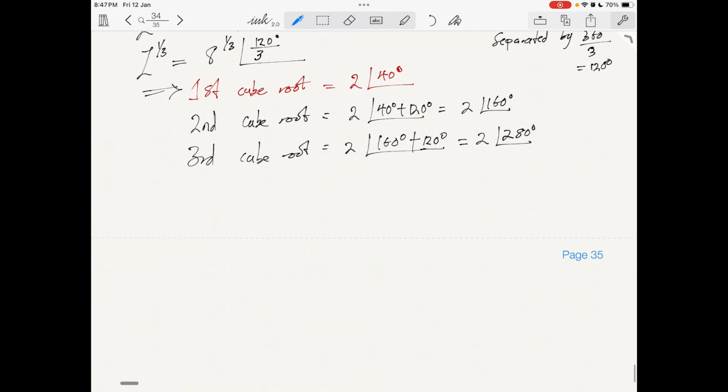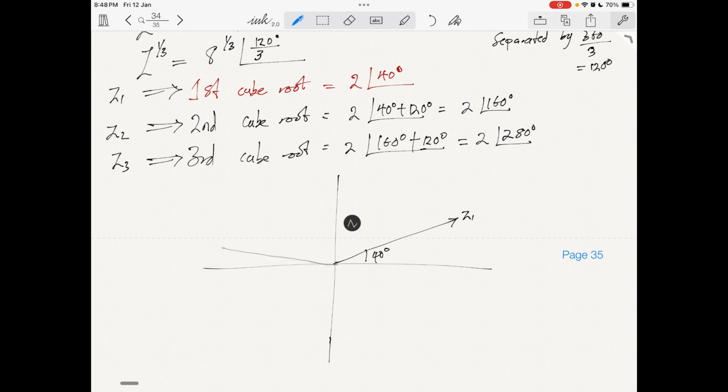Now the rest is to draw an Argand diagram. We can call the first cube root Z1, the second cube root Z2, and the third cube root Z3. The first cube root is at an angle of 40 degrees, Z1. The second cube root is at an angle of 160 degrees, which we call Z2.